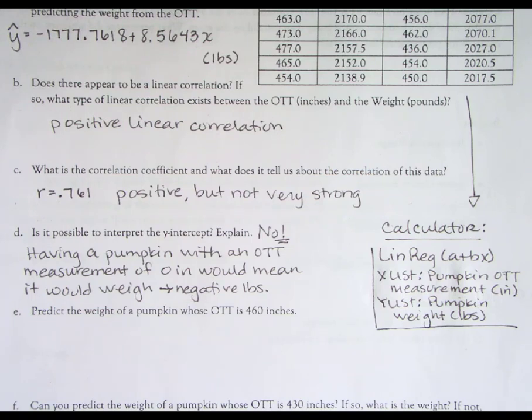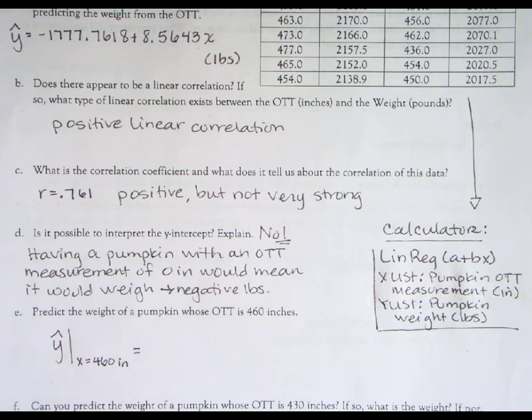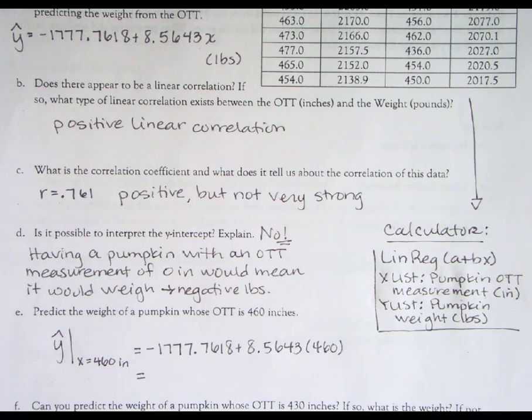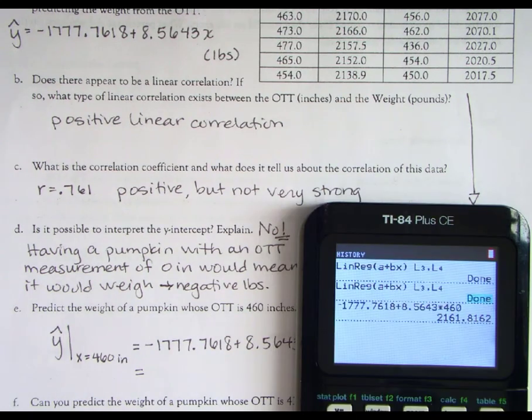Looking along our x values, or OTT inches, you need to see if 460 falls within the range of our data. As long as 460 is somewhere within that range, then you can do that. And it is. So I can predict y hat where my x input is 460 inches. That means I would substitute 460 in for the value of x and perform the operations in my linear regression equation. Notice I end up with a decimal.